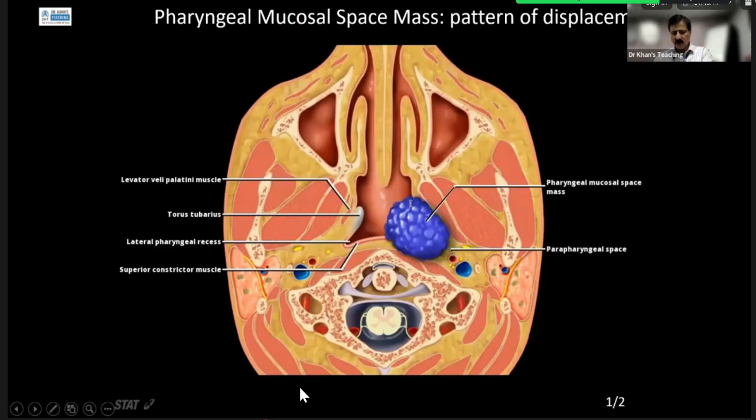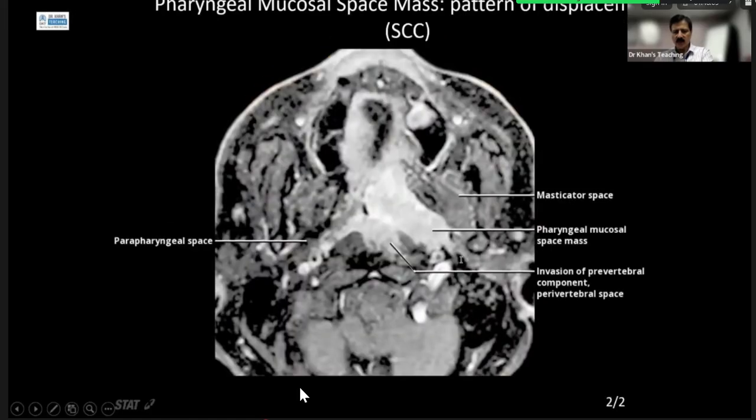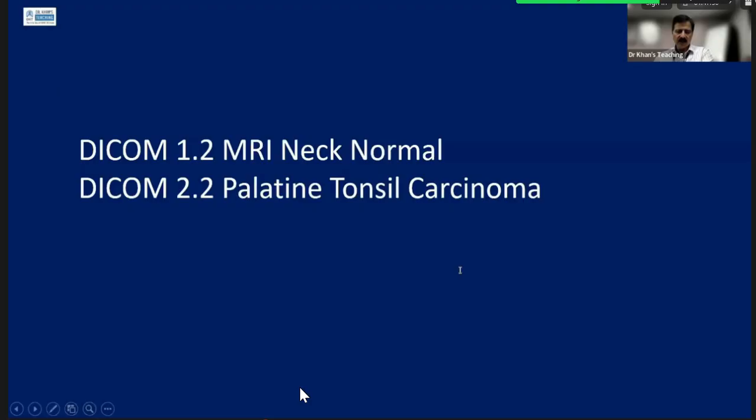This diagram tells you if the lesion is sitting here, this is the parapharyngeal space, and the fat will be displaced laterally, which is common sense. So this is from StatDx, enhancing squamous cell carcinoma. And the main point is that you see the mass is this, and it is displacing the fat posteriorly and laterally.